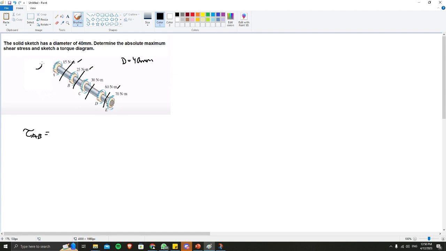So for counterclockwise, I assume as positive, whereas the clockwise I assume as negative. So for TAB, the torque is negative 15 Newton meter, to counter the positive one.